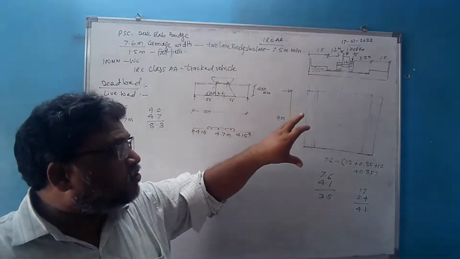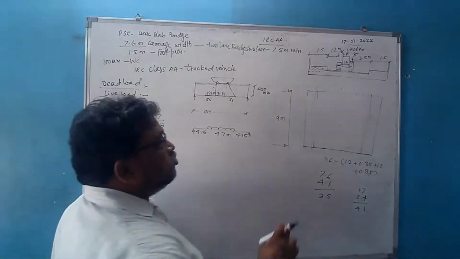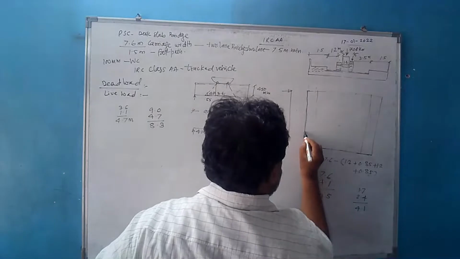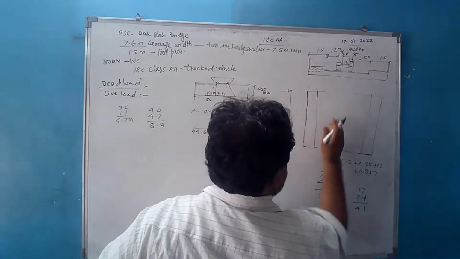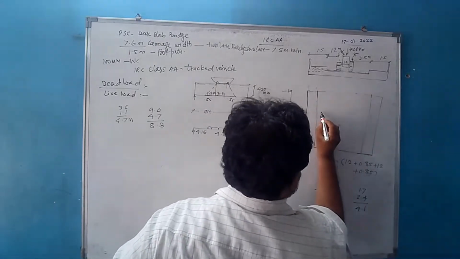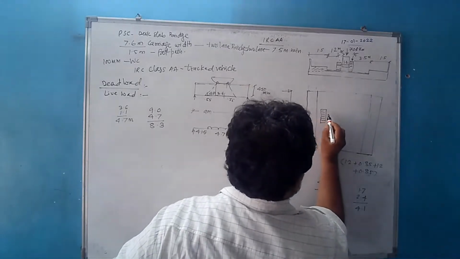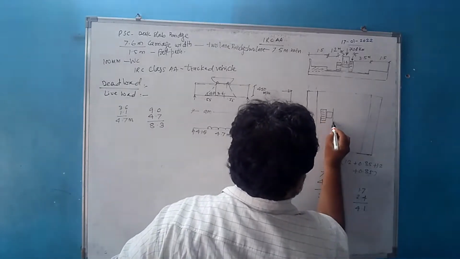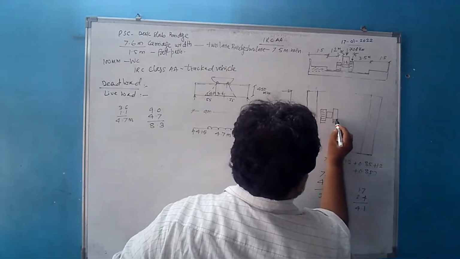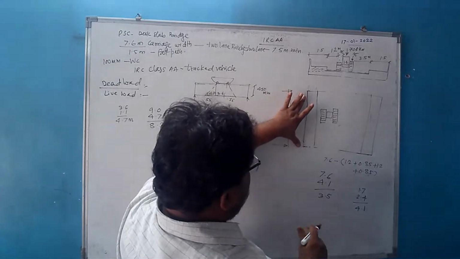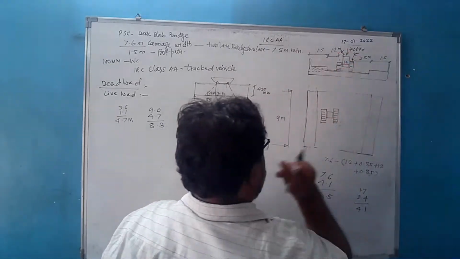The load is acting on a certain area. So if you see in the plan, the position of the vehicle is placed centrally at a certain minimum clearance across the bridge, across the span. In the direction of span it is central, but across it is at the minimum clearance.